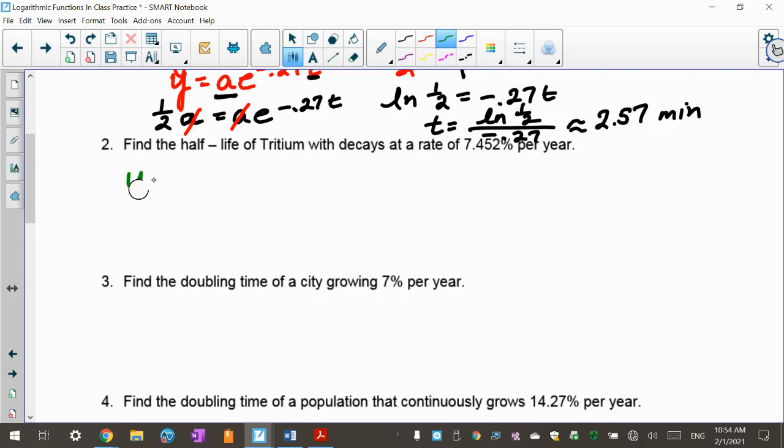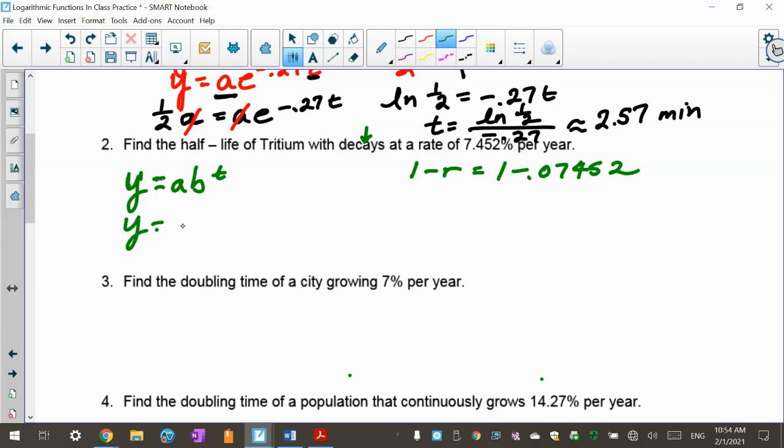So I'm going to use y equals a b to the t. So if I want to find the half-life, I do know the rate. I have to remember that if I'm doing this without the continuous formula, I know that it's decaying, so I have to do 1 minus my rate, that's 1 minus 0.07452. When I do, this is what I get.